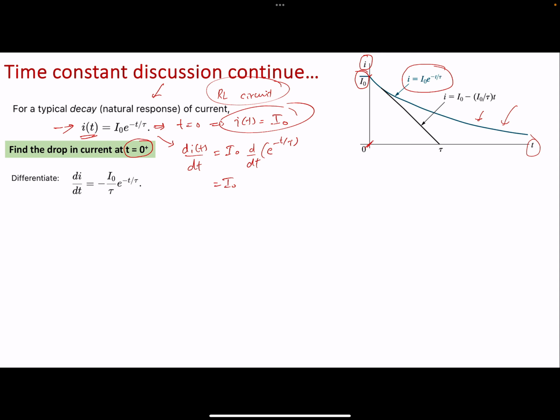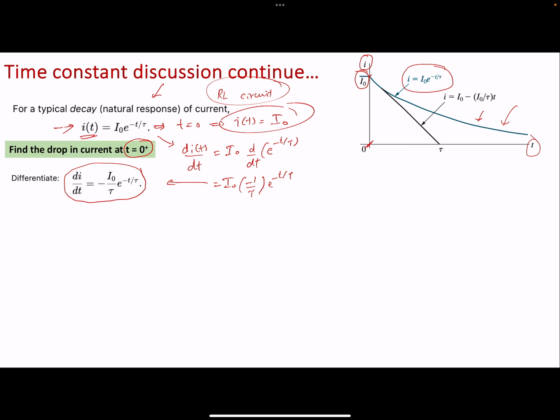The derivative of e raised to the power minus t over tau is minus 1 over tau, e raised to the power minus t over tau. So it comes out to be minus I naught over tau, e raised to the power minus t over tau. This is the change in the current exactly at 0 positive.